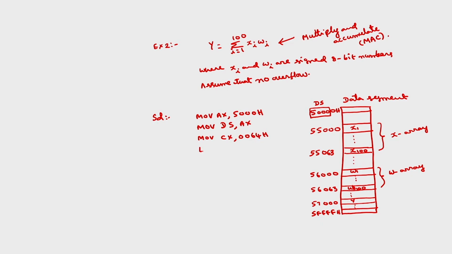Then you take the effective address. What is the effective address of the X array? The starting effective address of the X array, from here to here the offset is 5000, and from here to the W array the offset is 6000.